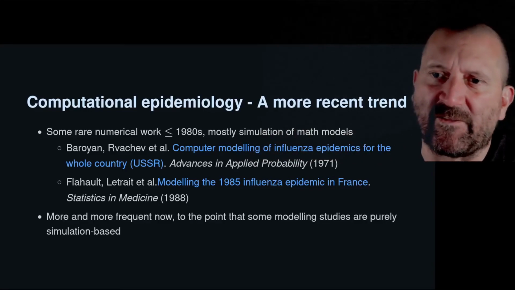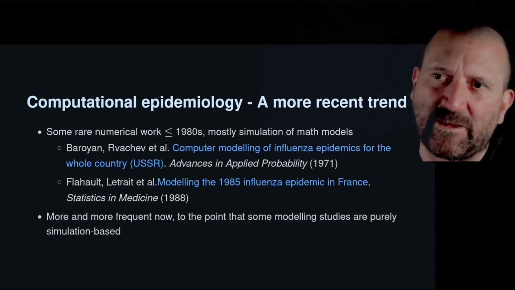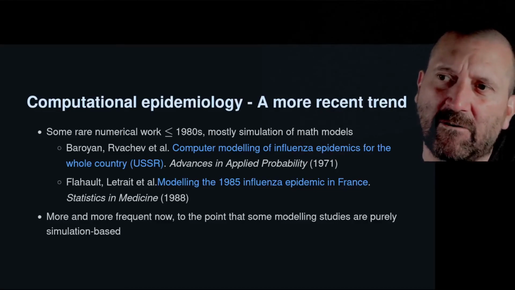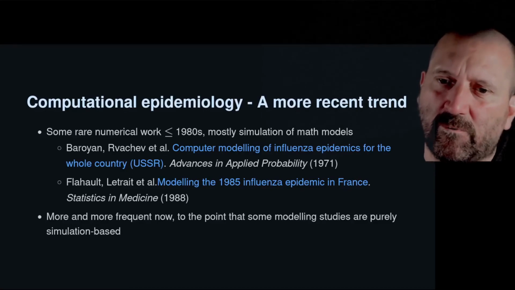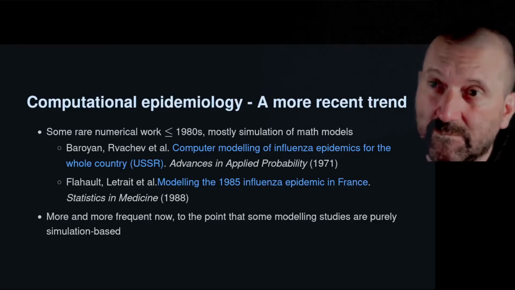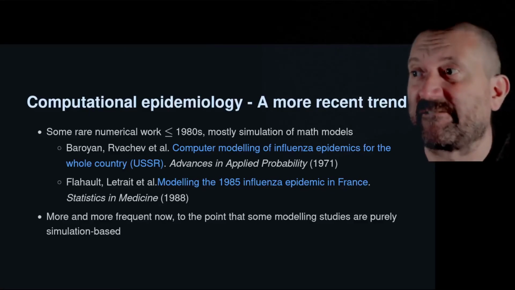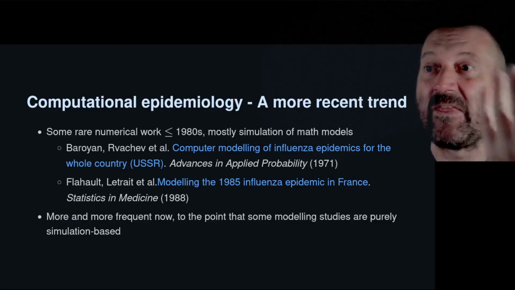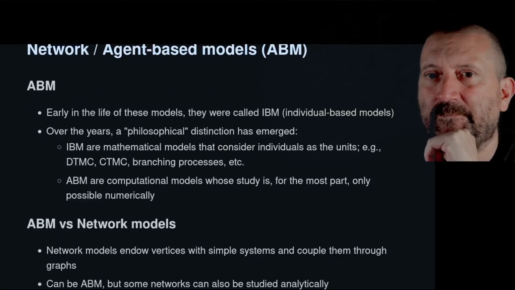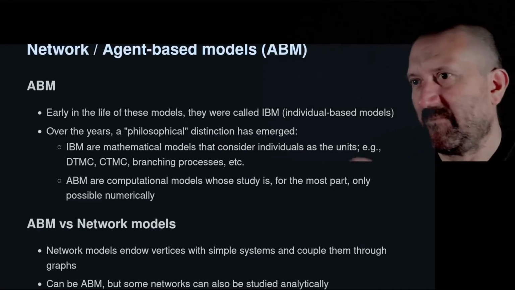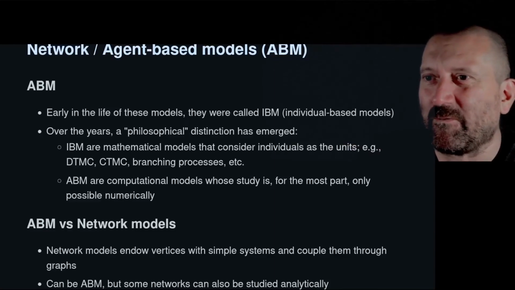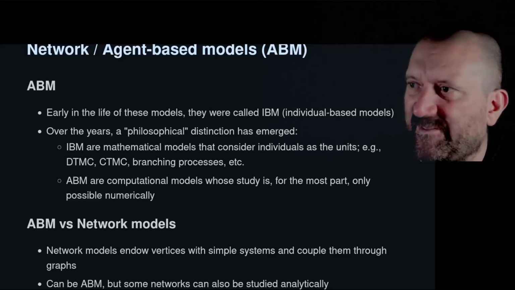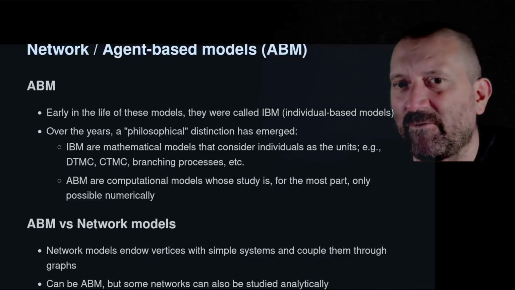But now the trend has really reversed. It used to be that this was mostly anecdotal, and now it's become very, very common to use computational work. Actually, a lot of papers published these days tend to be only computational. A case where we would see something like this is with network and agent-based models.